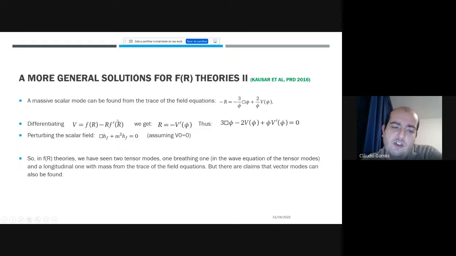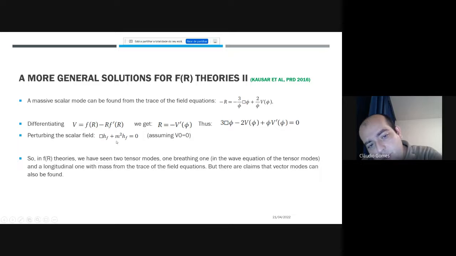Remember, this is the excitation of the scalar field over the value that it takes in the constant background, right? So this introduces a mass term again, and we have simplified V naught to be 0, so as to really understand what's happening.